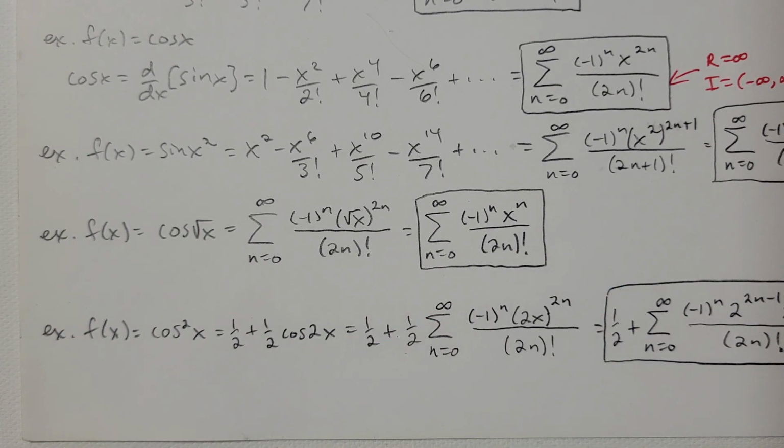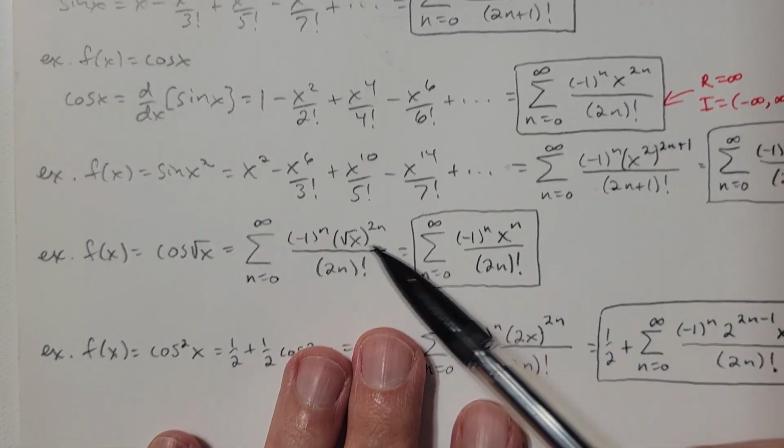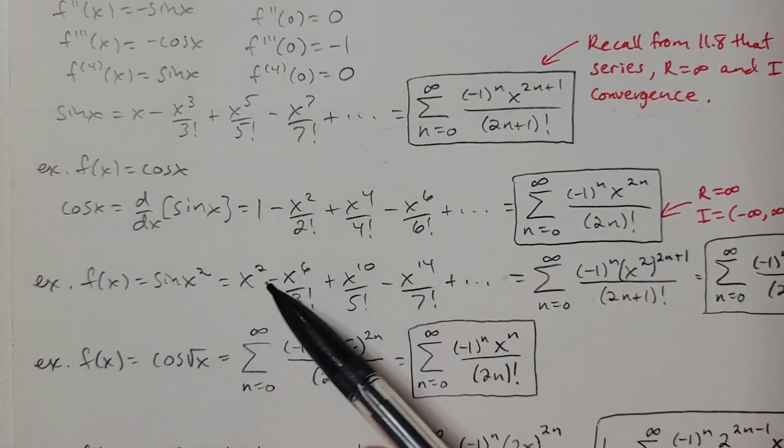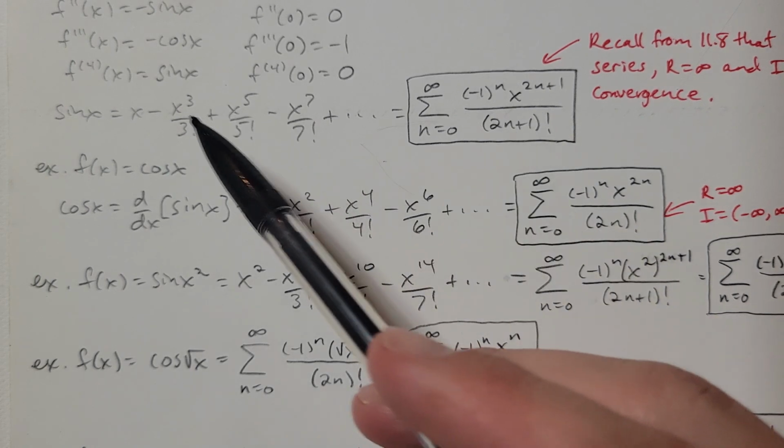So what if we had f of x equals sine of x squared? Okay, well, one nice thing about building a Maclaurin series is that you can build infinitely many series then from that point. So all I'd have to do here is replace x with x squared.